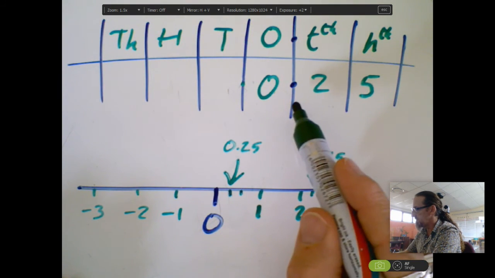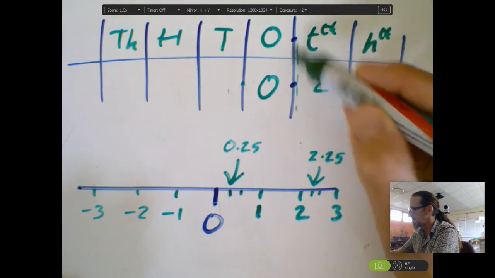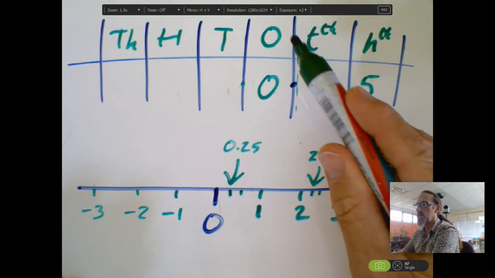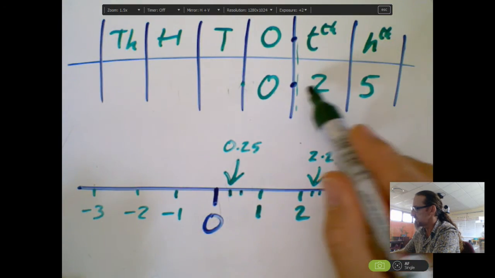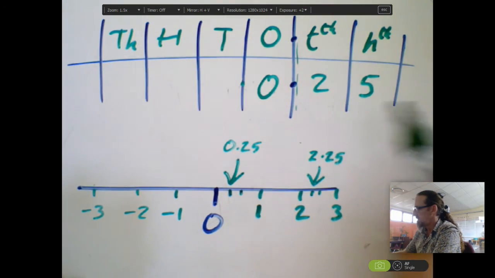These numbers here, maybe it's confusing because we're going past this line, but this line actually represents where the decimal point is. It doesn't mean that it becomes negative. There's still something here. It's a fraction of something, okay?